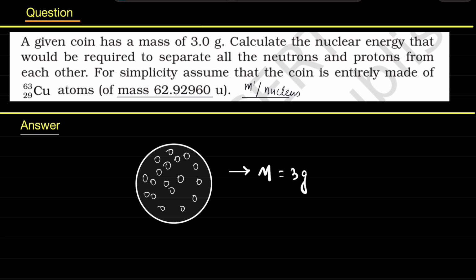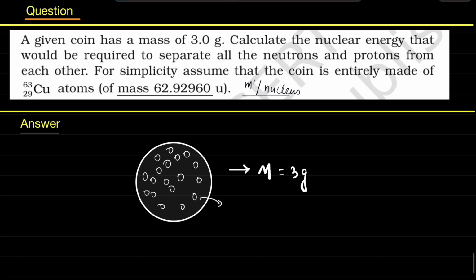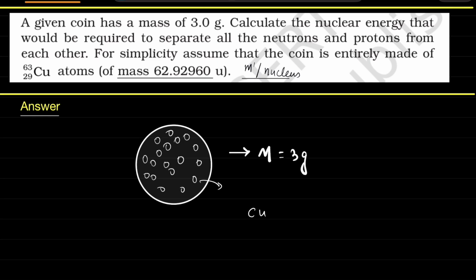So each of the copper atoms, let's assume this is a copper atom, has atomic mass 63 and atomic number 29. We have to remove the protons and neutrons from each of the atoms.